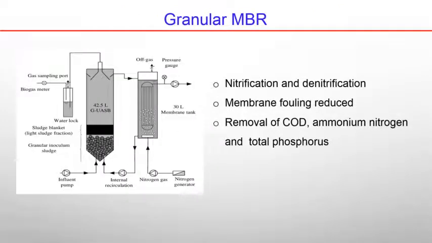Next is granular MBR. In this process, simultaneous nitrification and denitrification could be achieved inside the granules because of its spherical compact structure. The membrane fouling in this system is reduced significantly by granular sludge.